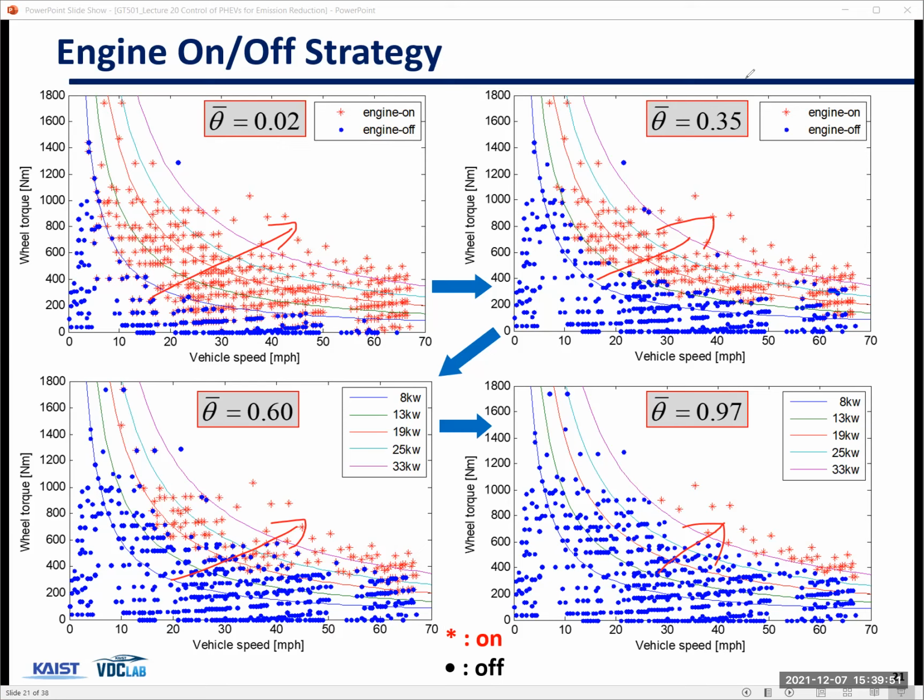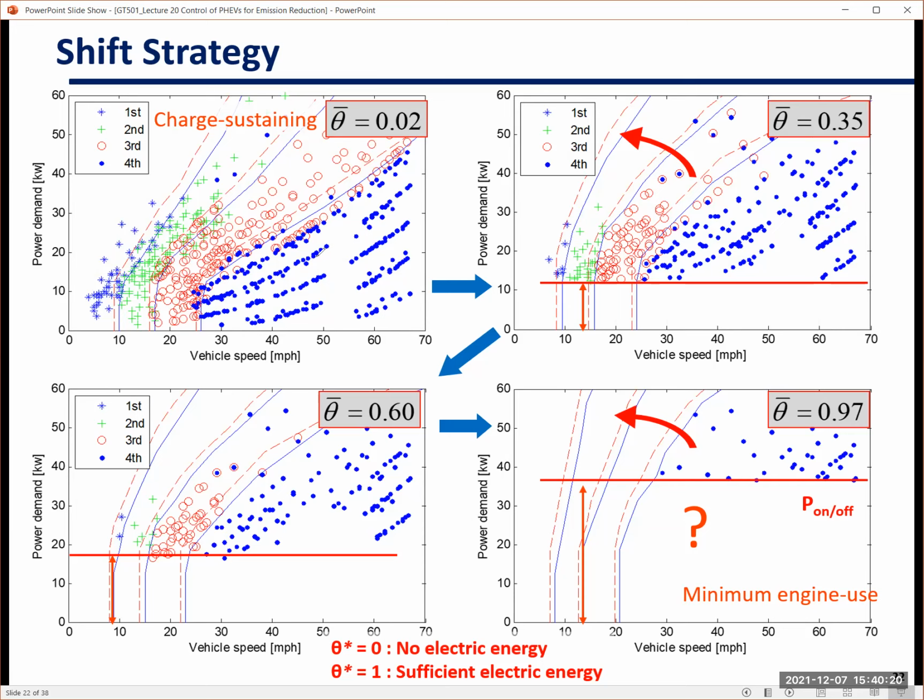And this is just one result, which is engine on-off strategy. So the conclusion is that engine on-off strategy must be adaptive with respect to theta bar. Okay. And if you look at shift strategy, we also can see some change with increasing theta.